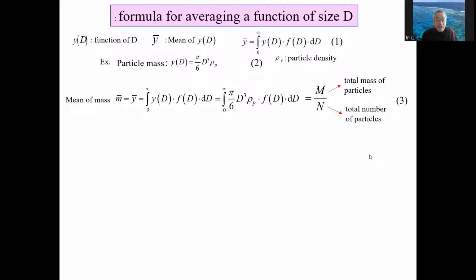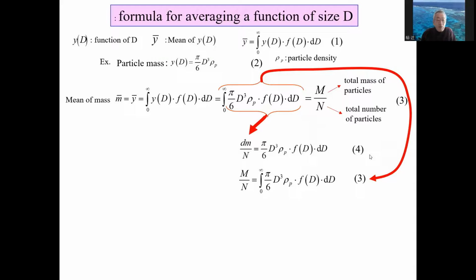Besides the expression based on the probability density function, the mean mass is simply defined as the total mass m divided by the total number n of all particles. The integrand times delta dd can be expressed as dm over n, and so we have equation 4.